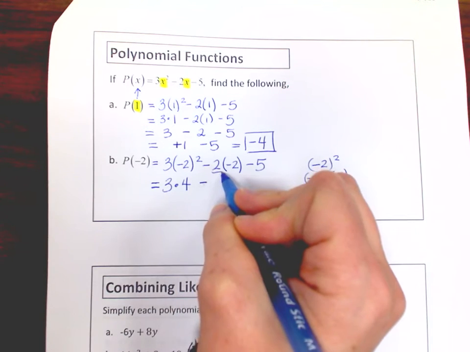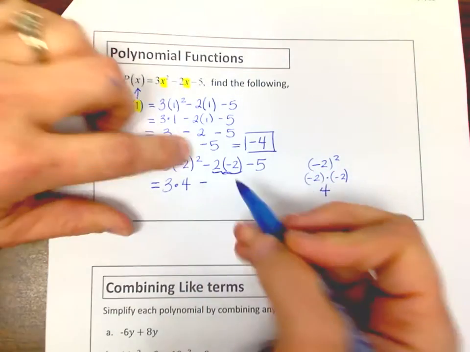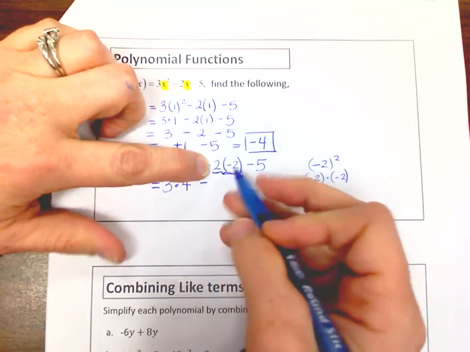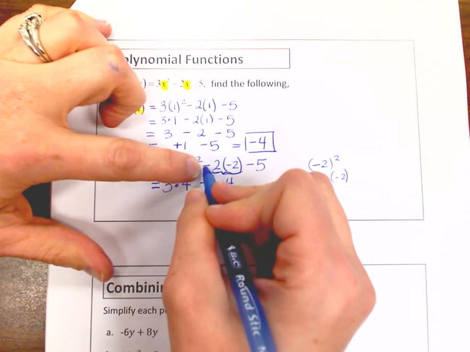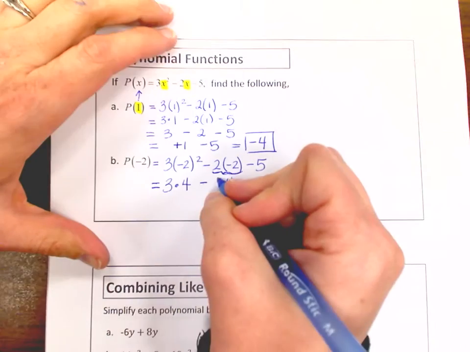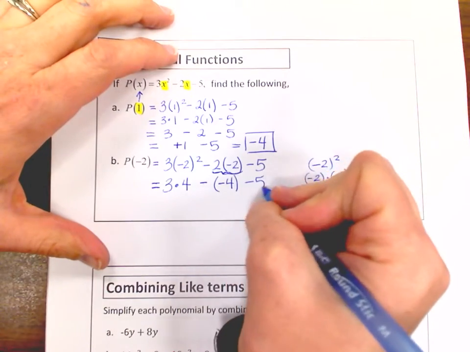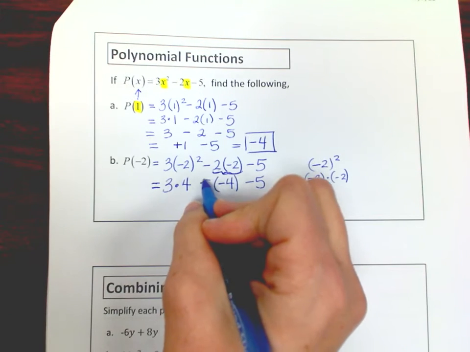minus, now we have to figure out what this is right here. What is 2 times negative 2? 2 times negative 2 is negative 4. So we have to subtract 2 times negative 2, which means we're going to subtract negative 4. And then we have minus 5. Okay, now we see some double signs right here. So let's go ahead and take care of that.